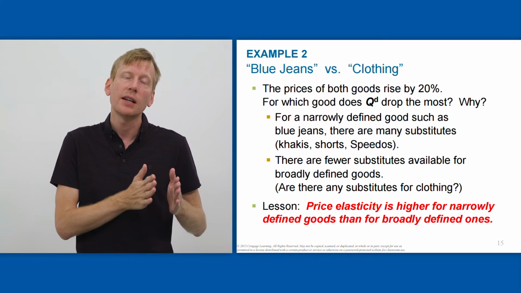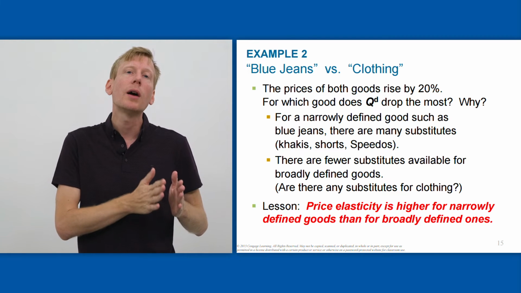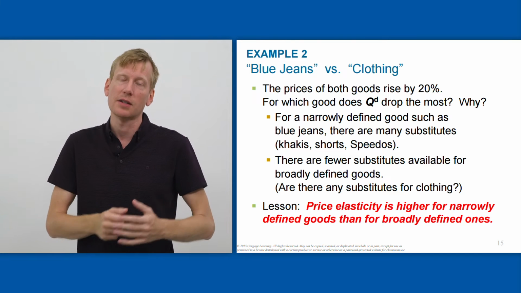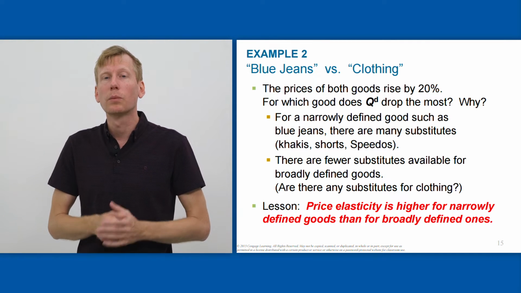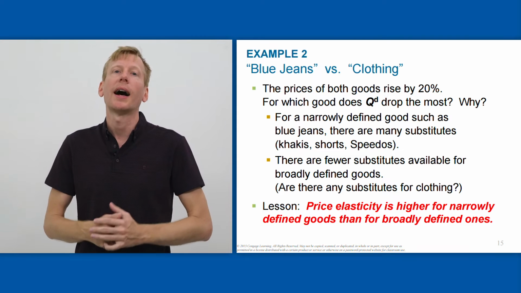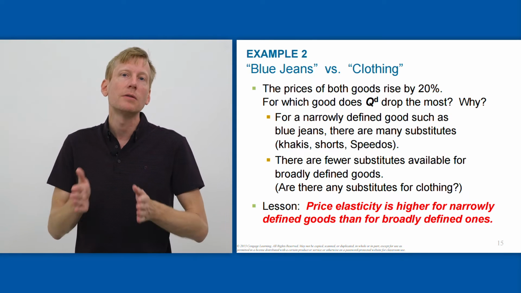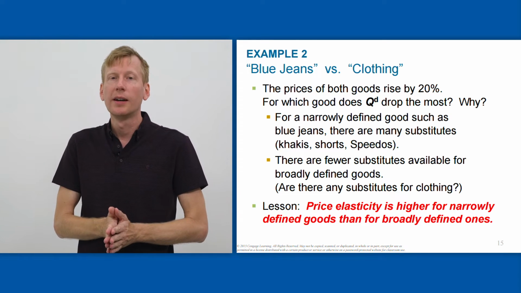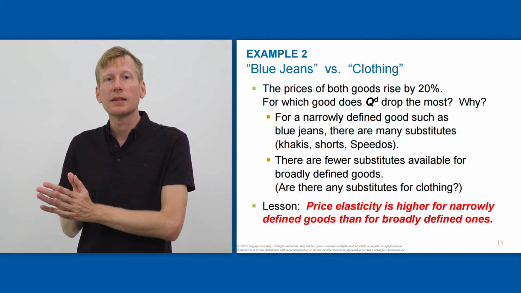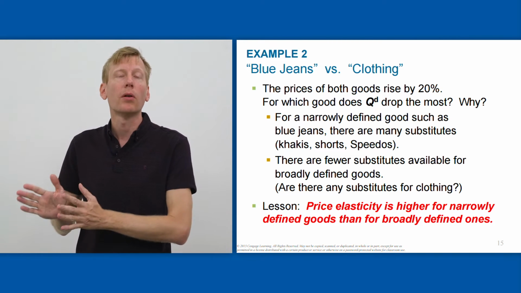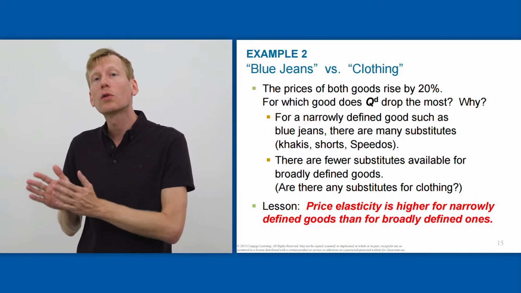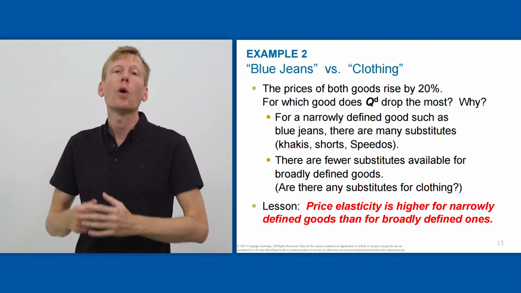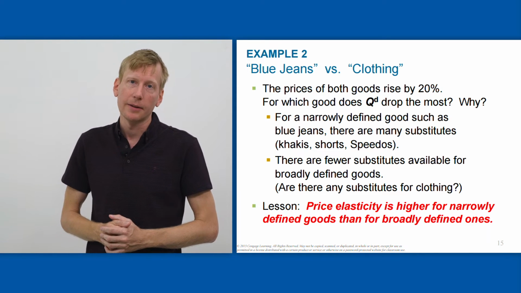Narrowly defined goods, again, almost by definition, do have close substitutes, many close substitutes. As a result, the own price elasticity for blue jeans should be quite high because there are many close substitutes to a narrowly defined good. But we shouldn't expect the same to be true for clothing. Clothing is a broadly defined good, therefore we should expect clothing to have few close substitutes and a very low price elasticity of demand.